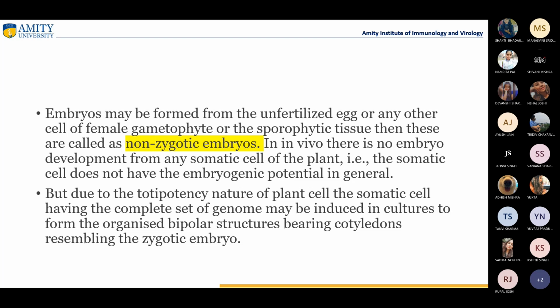Due to the totipotency of plant cells, somatic cells having the complete set of the genome may be induced in cultures to form organized bipolar structures with cotyledons which resemble zygotic embryos. So this process can be done artificially.